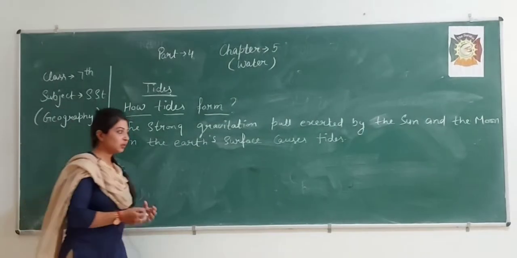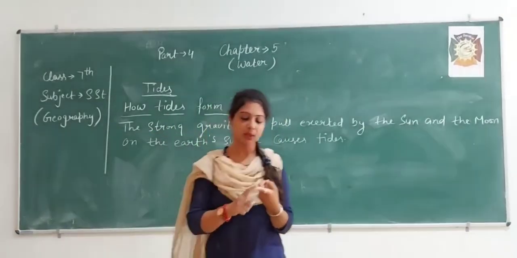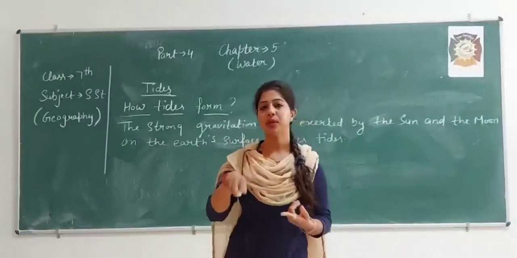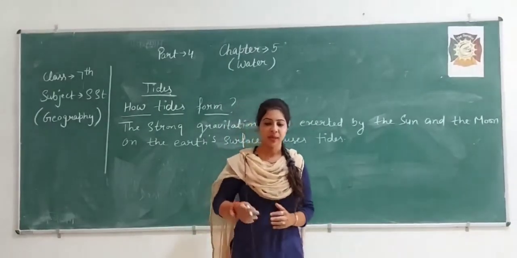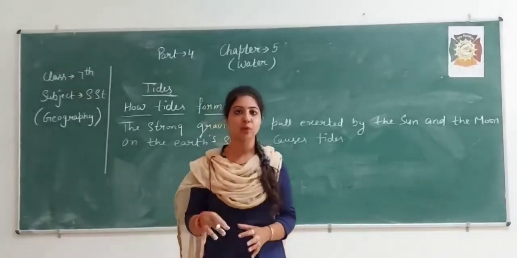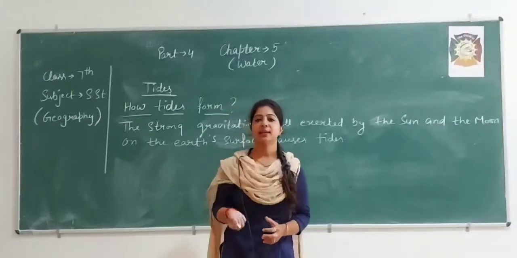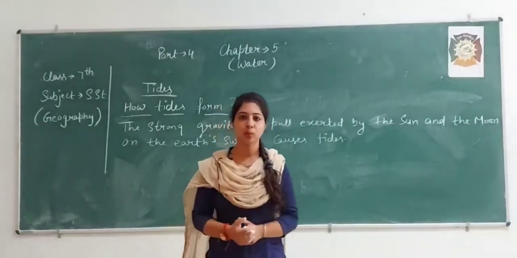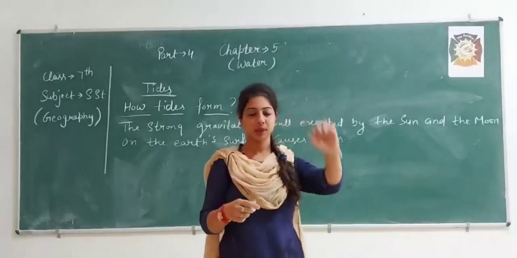As we already know, all three huge bodies, I'm talking about sun, moon and earth, have their own gravitational pull, and this gravitational pull creates tides. As we know that earth is quite larger than moon, so moon orbits the earth.